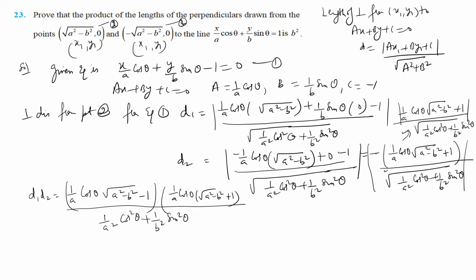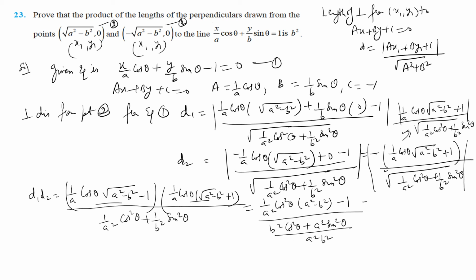The numerator is more of a plus b and a minus b, which is 1 upon a square cos square theta, a square minus b square, minus 1. A plus b into a minus b is this, and this is b square cos square theta plus a square sin square theta, over a square b square.